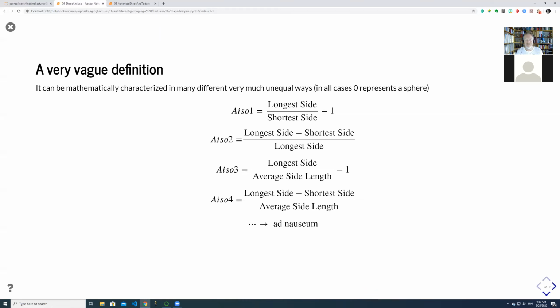So given this imprecise definition, you can also make different ways of measuring or quantifying these values. You can take the longest side divided by the shortest side minus 1, or the longest minus shortest side divided by longest side. And you can see it goes on like this.